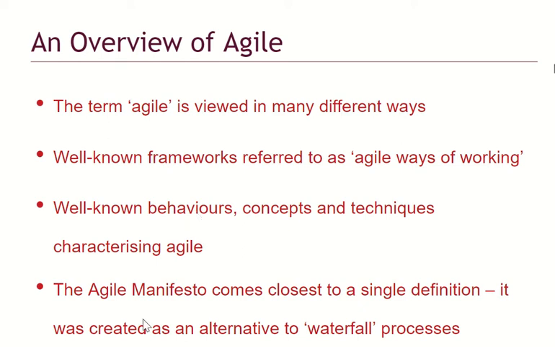Remember where we started: the Agile Manifesto. The Agile Manifesto comes closest to a single definition, so the easiest way to define Agile is probably to use the Agile Manifesto. Agile was created as an alternative to the traditional approach, which used to be called waterfall. The waterfall process is the old process whereby projects were implemented.